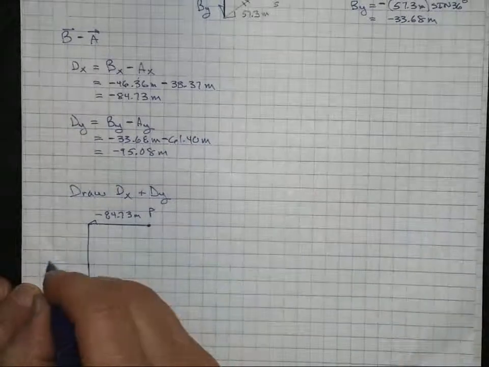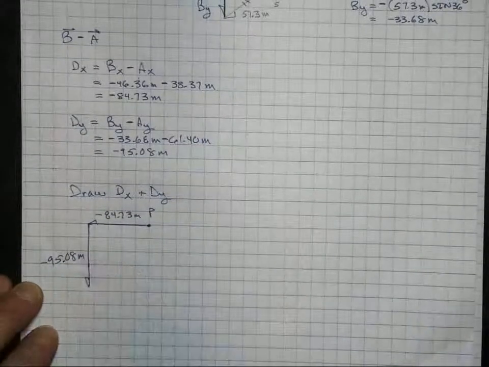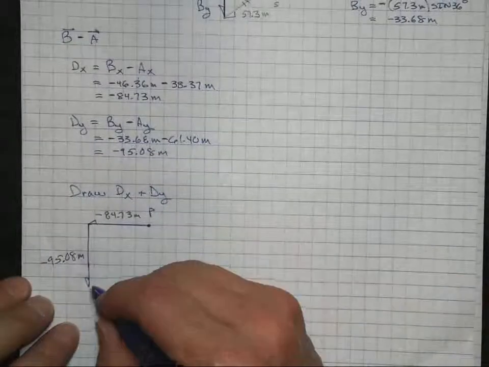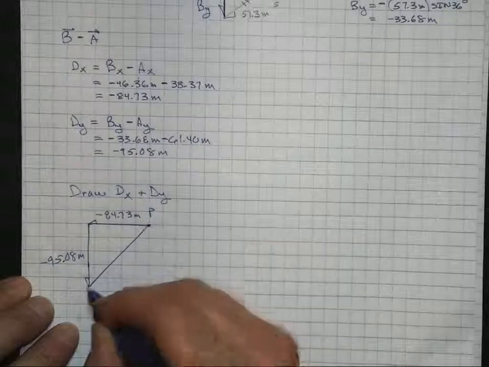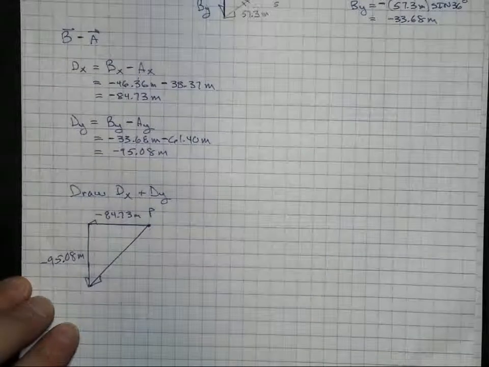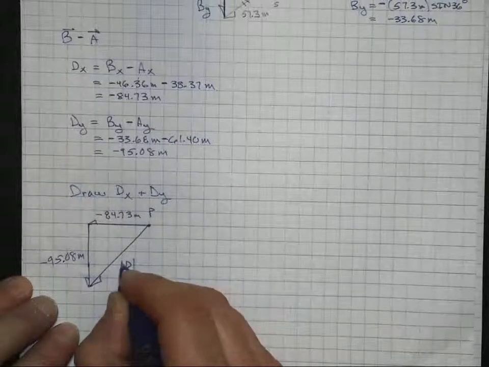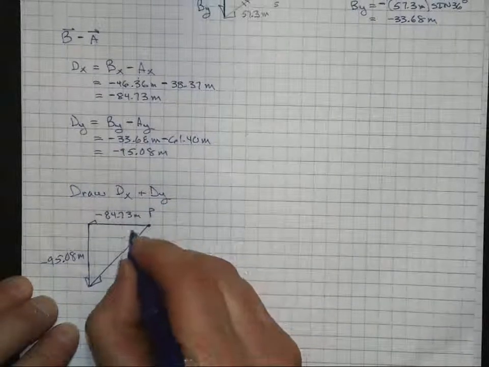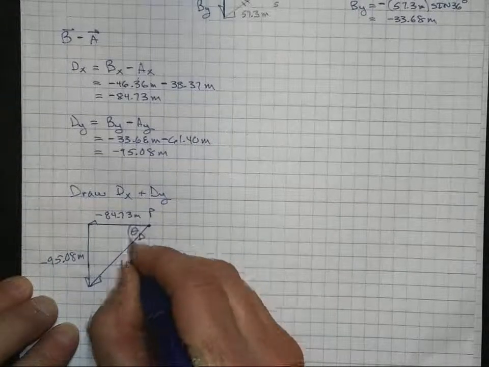So it's going to be minus 95.08 meters. And we're going to draw the resultant from the tail of the first towards the head of the last. It's actually a difference, but we're using the same technique. And this will be the magnitude of D. And then we'll have this angle near point P, which is going to be theta D, like so.